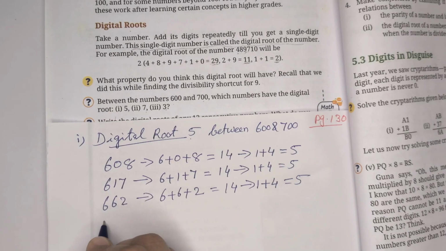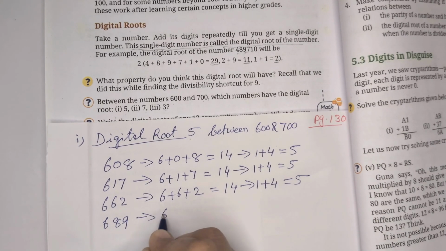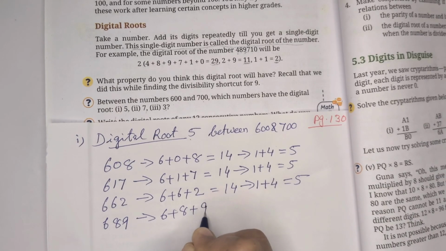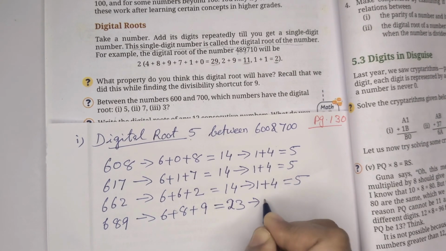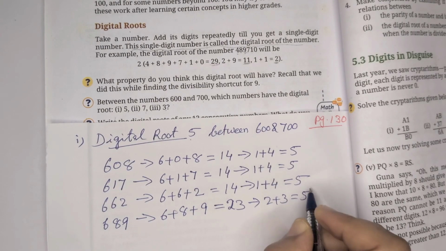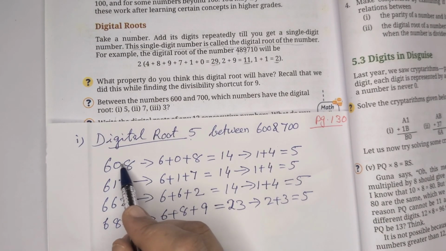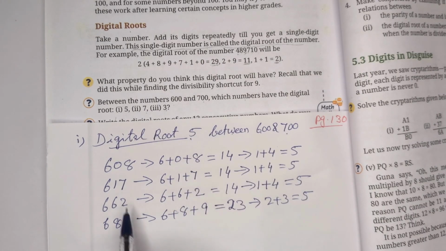Another number is 689. 6 plus 8 plus 9 is 23, and 2 plus 3 also gives 5. So these are the numbers between 600 and 700 with digital root 5.